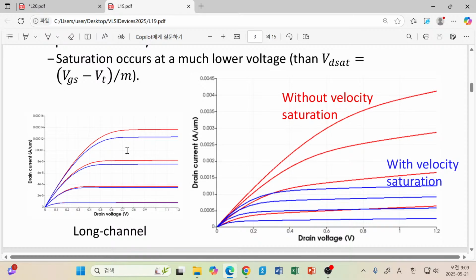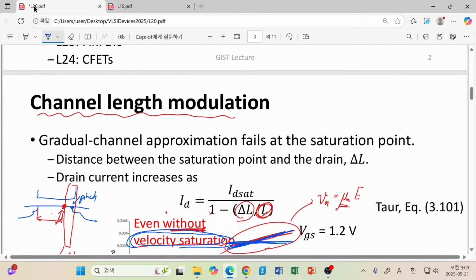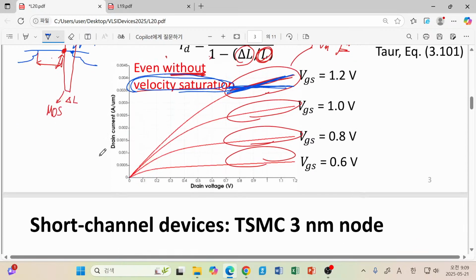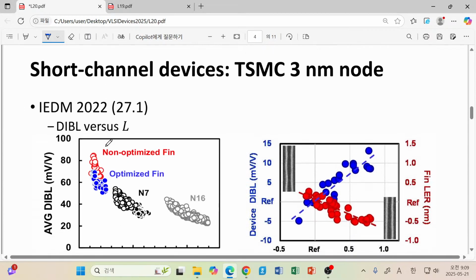And the blue curve shows the one with channel length modulation and velocity saturation. As you can see, the effect of velocity saturation is far beyond that of channel length modulation. So before the reduction of effective channel length, velocity saturation comes first. That's the reason why nowadays the impact of channel length modulation is secondary, but it really depends on the case.